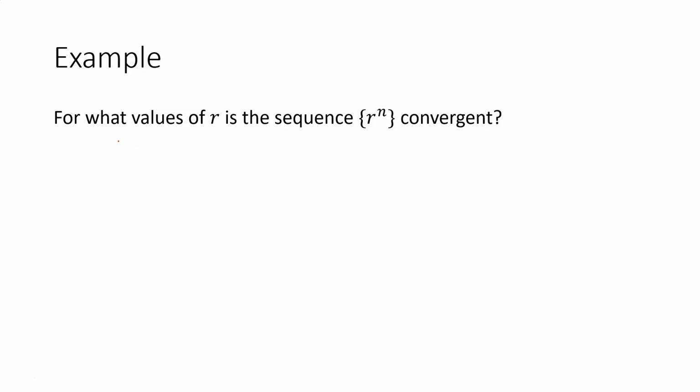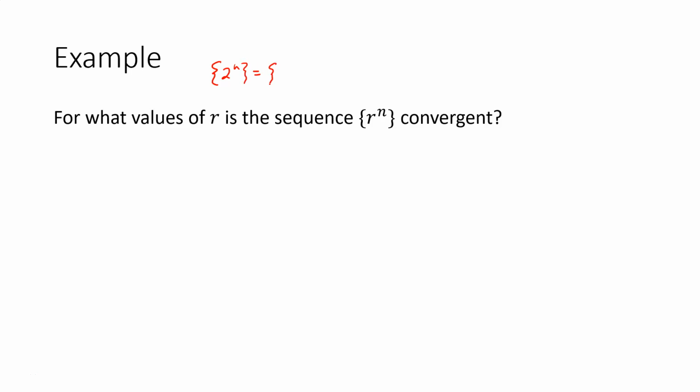Let's look at one more example where we're looking at the limit of the sequence r to the n. And the question is, for which values of r is the sequence convergent? Take, for instance, the sequence 2 to the power of n, right? Would this be a convergent sequence?